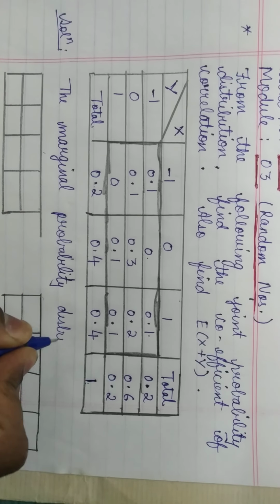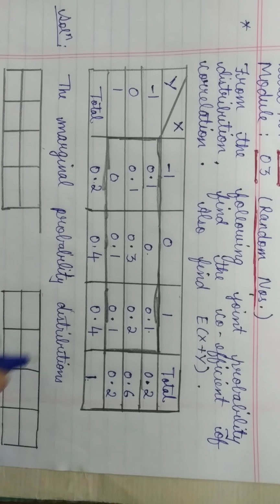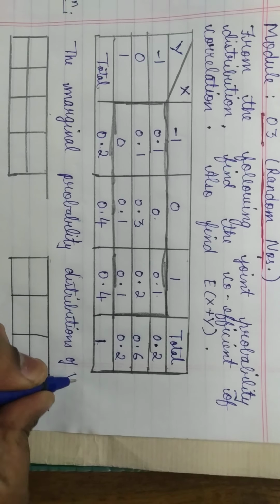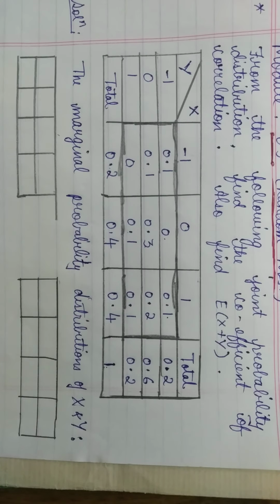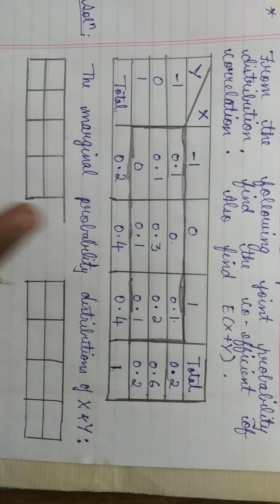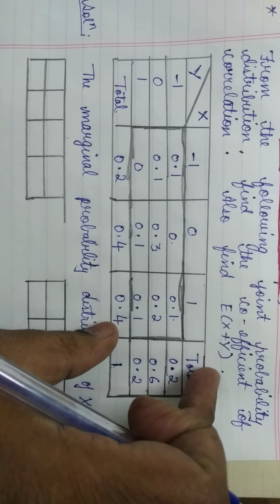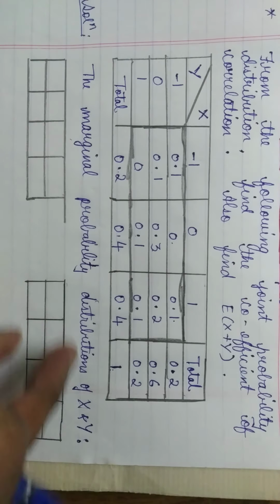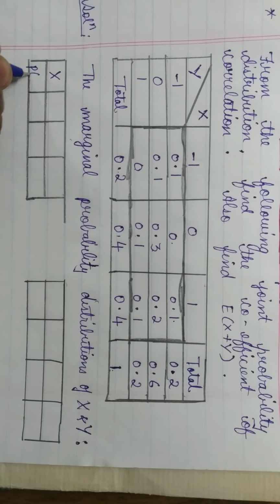So what we are doing is splitting this entire problem, which is a joint probability distribution, into two single problems. What are those? X, p(x).